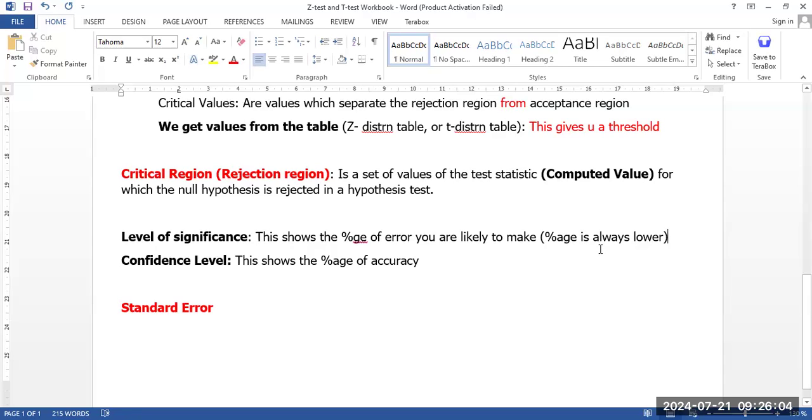Accurate. So it means that the level of significance percentage will always be lower. Then for the confidence level, the percentage will always be high.